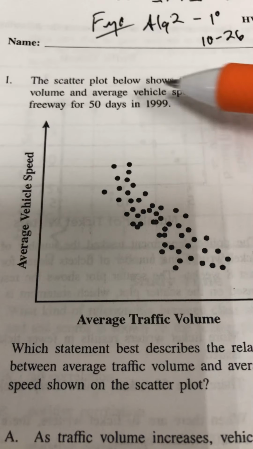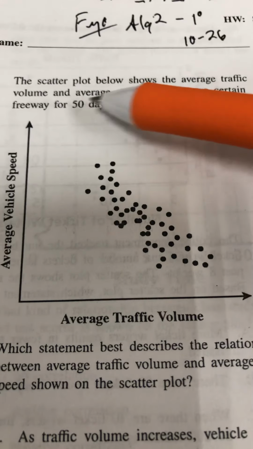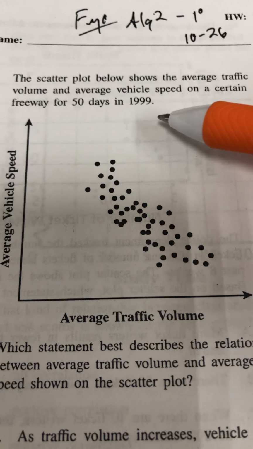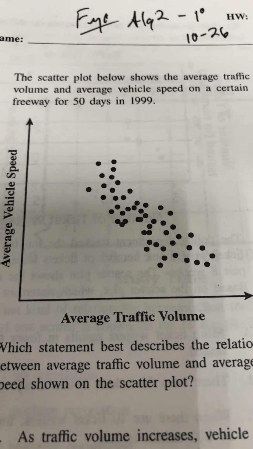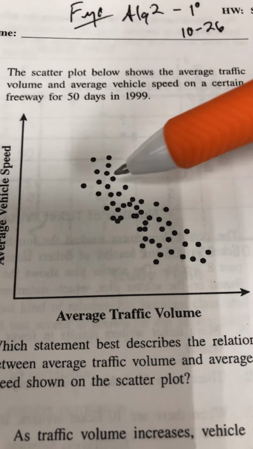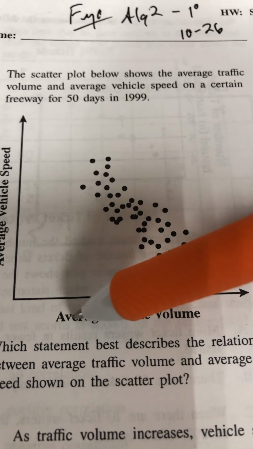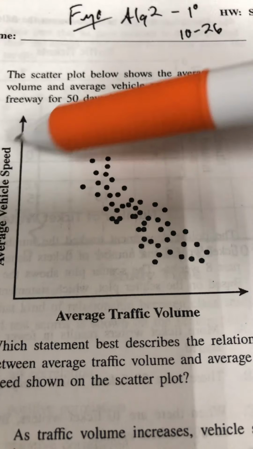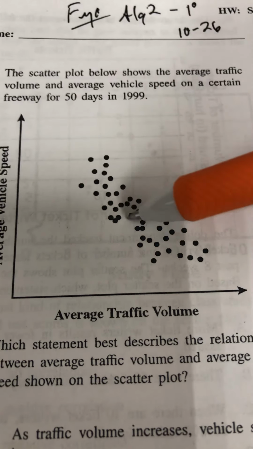So number one, the scatter plot below shows the average traffic volume and average vehicle speed on a certain freeway for 50 days in 1999, back in the day. As you see, as the traffic volume increases, the speed is decreasing.